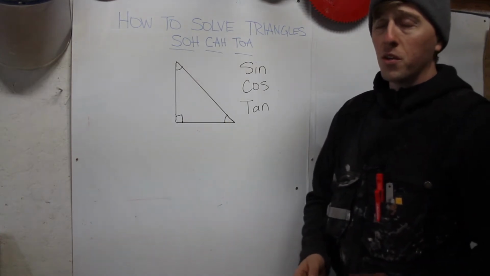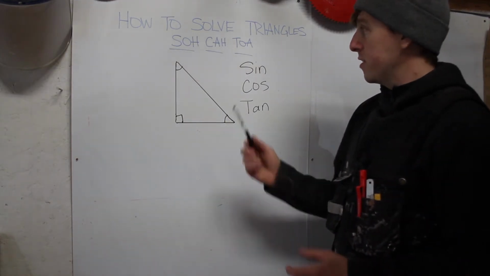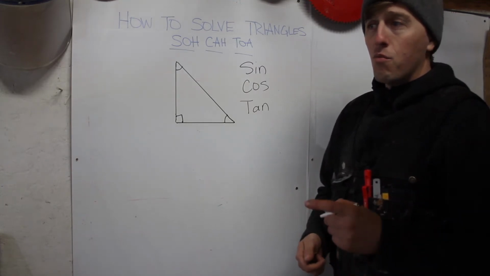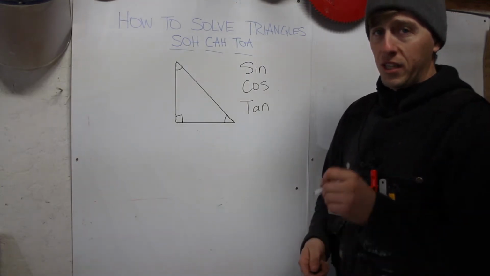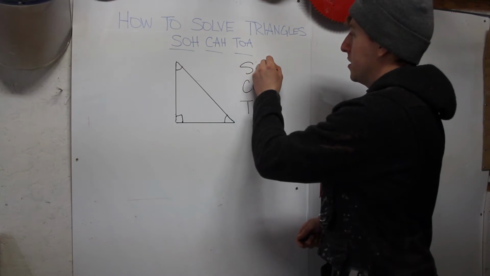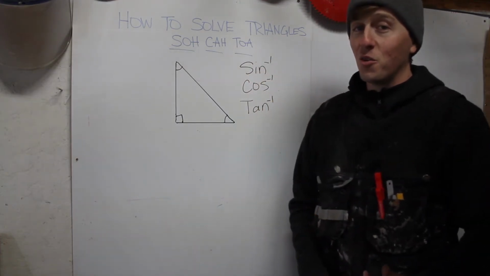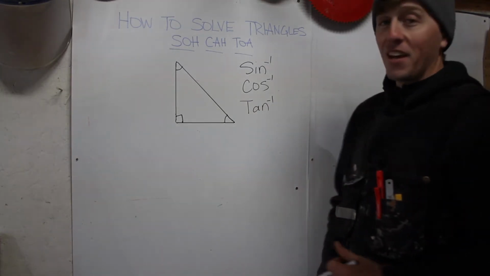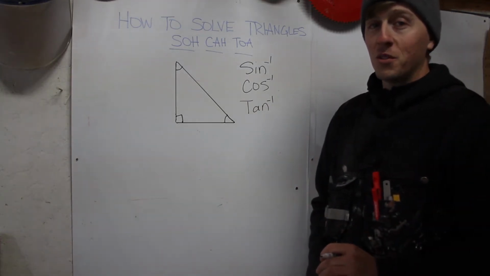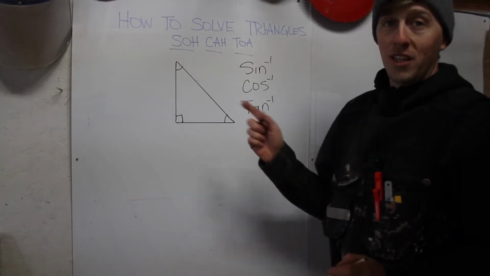It's important to note that when you're using these in your calculator, most of the time you actually use the second function, so it actually is to the power of -1, and that's what gives you your angle. You get really small, strange decimal numbers if you don't use the inverse.